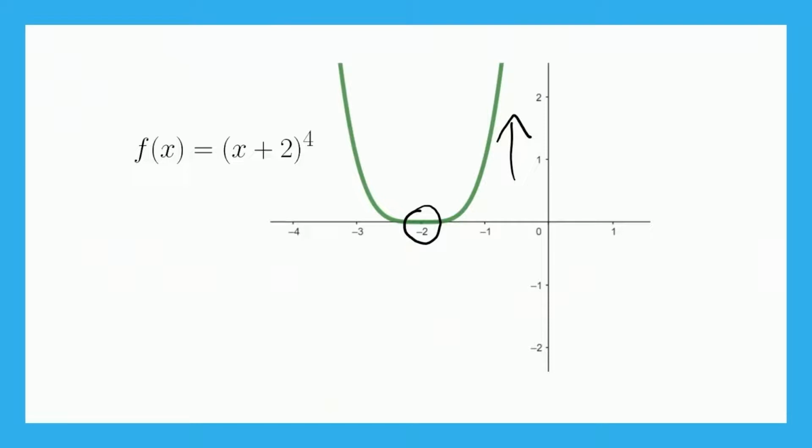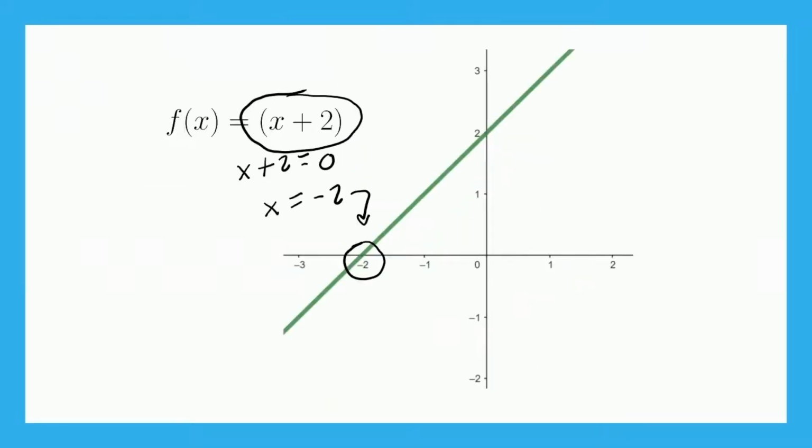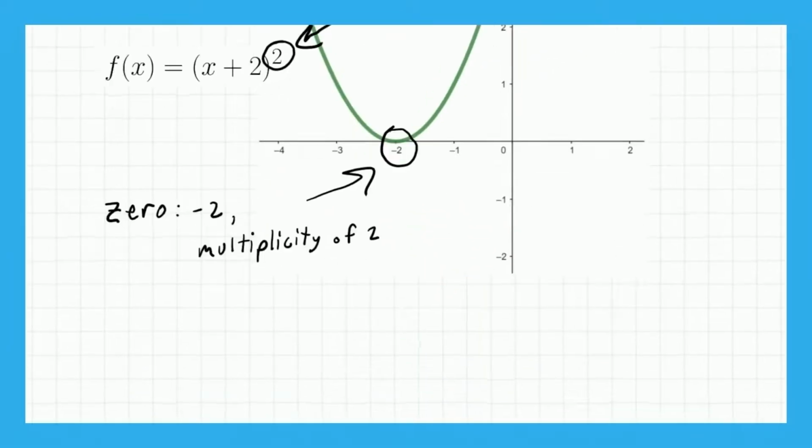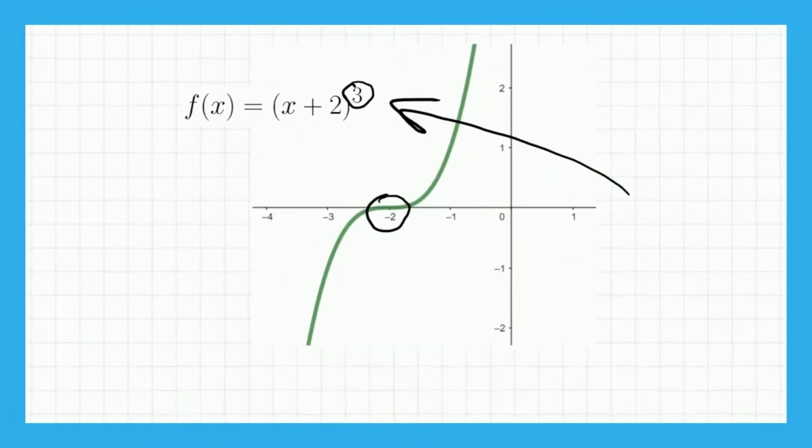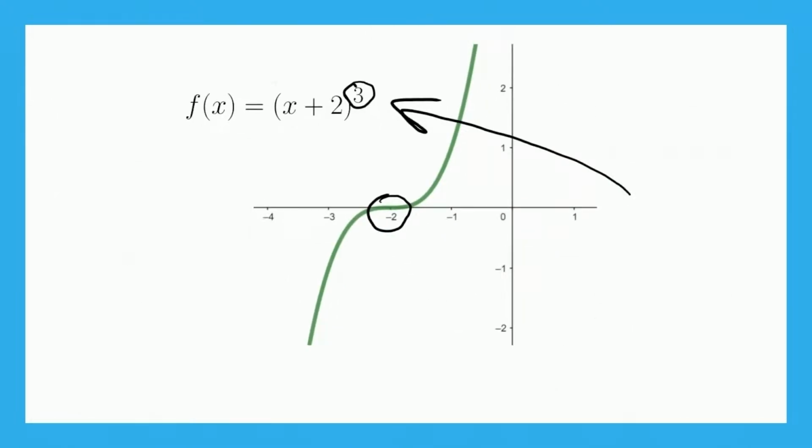So what is the pattern that we're seeing here? When we have a factor with an odd exponent, like 1, because there really is an invisible 1 in the exponent on this factor, so there's that 1 right there, or an exponent of 3, that's another example of an odd exponent, we can see that the graph crosses the x-axis.